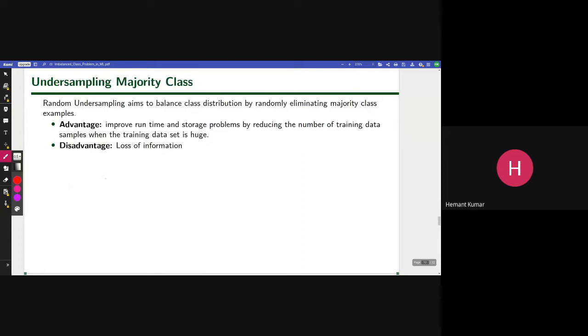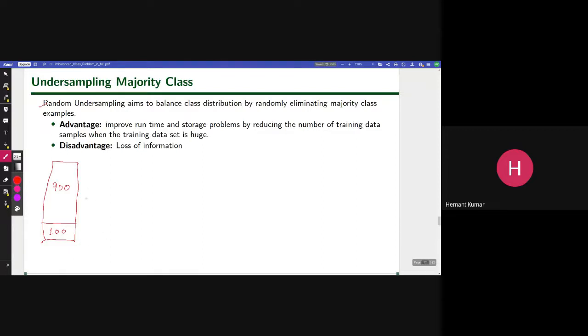Just a random undersampling, we have one example of that. Random undersampling balances the distribution by randomly eliminating examples of the majority class. Let us take an example here. This is a data set and the class distribution is about 900 samples for one class, and about 100 samples for the other.